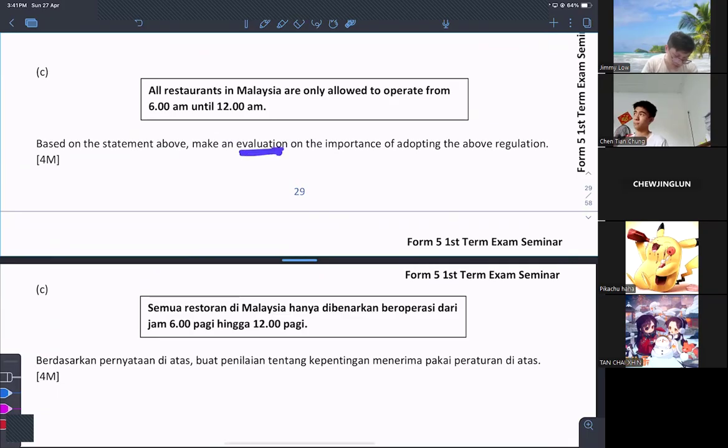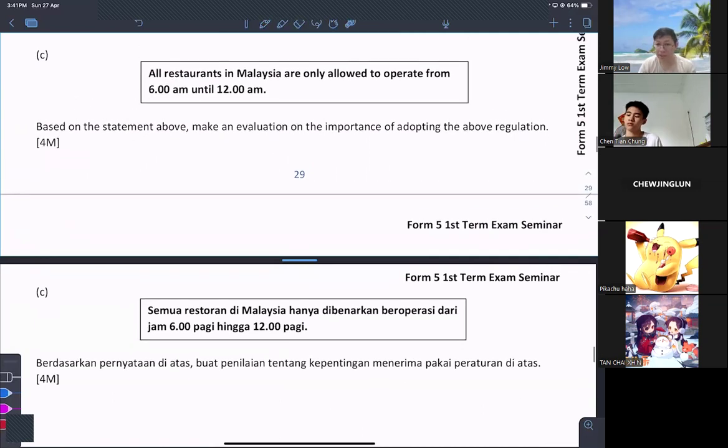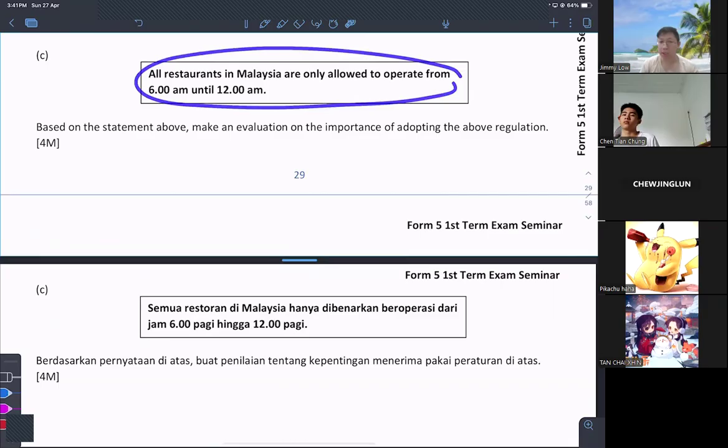You evaluate the importance of adapting, not adopting. Adopt is adopt. Adapting the above regulation: all restaurants in Malaysia are only allowed to operate from 6 a.m. to 12 a.m. So you explain what is the importance of doing this thing.